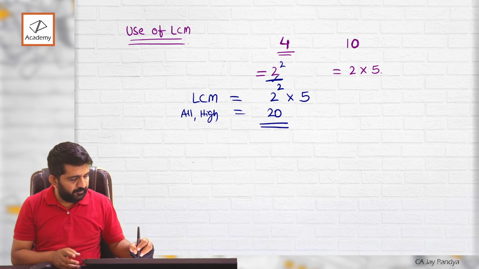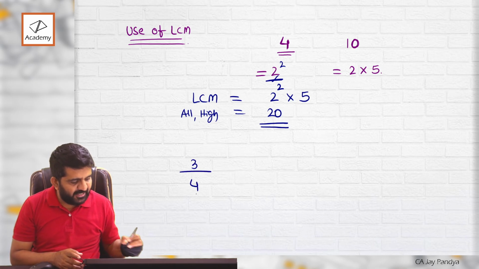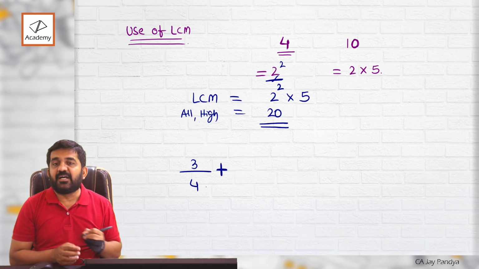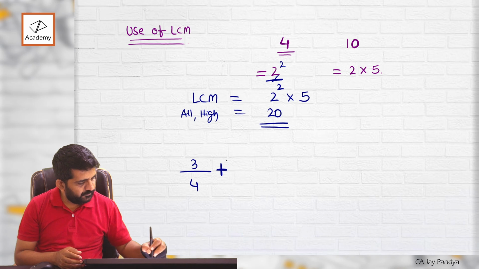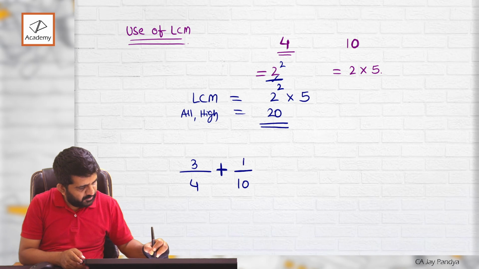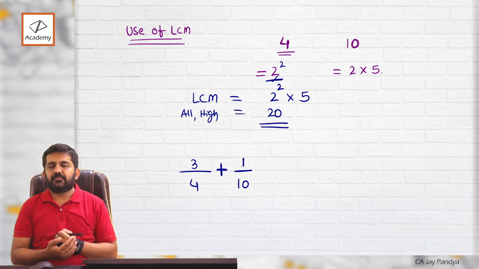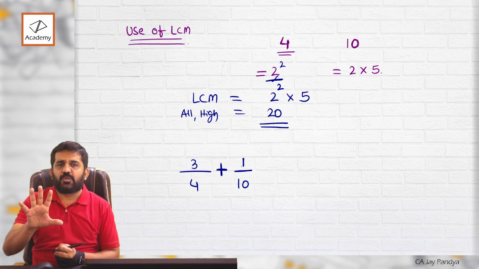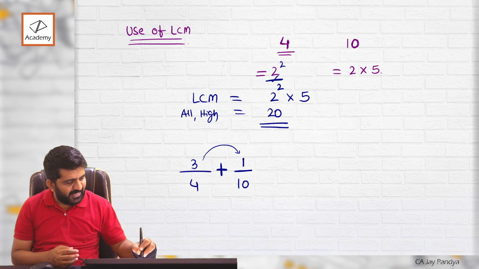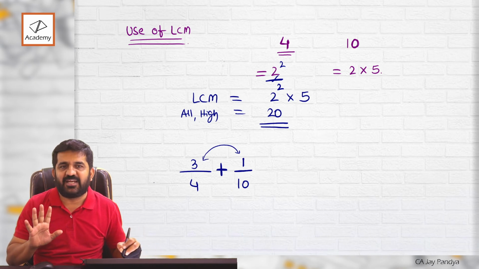Suppose there are two numbers, 3 divided by 4 plus 1 divided by 10. Let me take small numbers. If some mathematical question says this, believe me, 3 and 1 cannot be directly added, and 4 and 10 cannot be directly added.